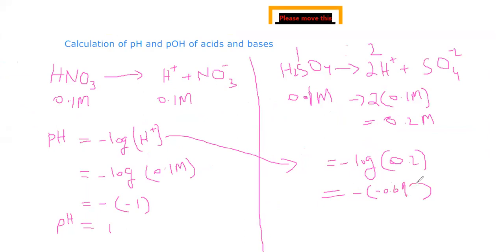And again, minus multiplied by minus is plus, so the answer would be 0.698. That would be the pH of 0.1 molar sulfuric acid. This is the way you can calculate the pH of any acid. Now I'm going to calculate the pH of a base.